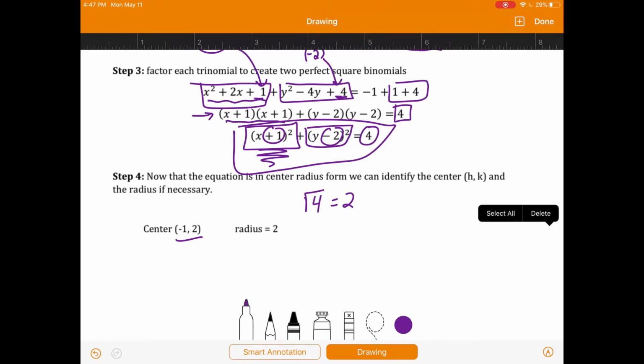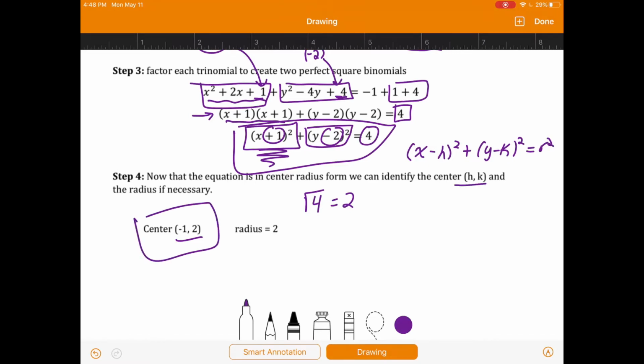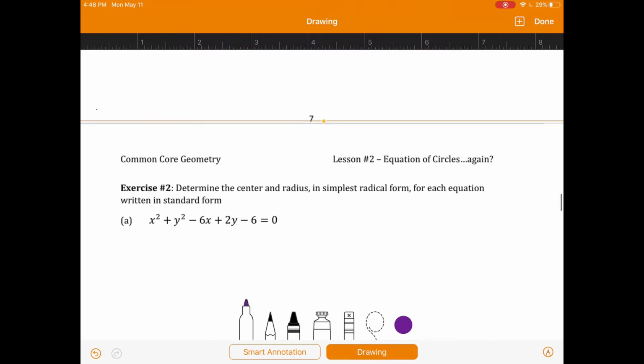If you want to see the original equation for this, it looks like this: (x − h)² + (y − k)² = r², where h and k are your center. That's why we've changed the signs, because it's subtraction in these. So that's basically what we're going to do for this.